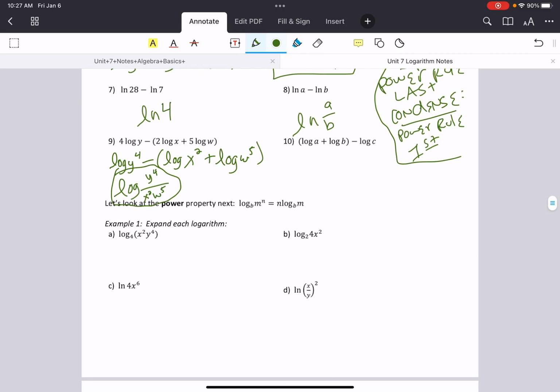Okay, so we are expanding. That means we're going to do our power rule last. But you still are going to want on this one to make sure each piece has its exponent. So then ln of x squared minus ln of y squared.